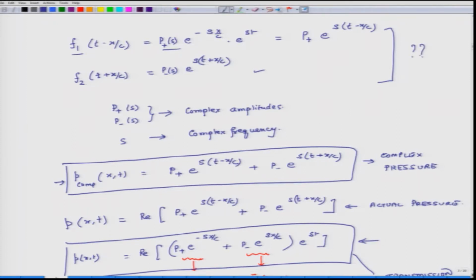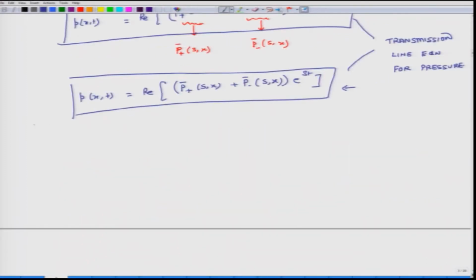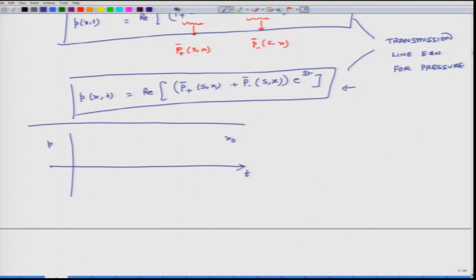The answer to that is, it is important that you all understand, that in reality the wave, if I plot pressure as a function of time at a location x naught, then the pressure may be doing something arbitrary. Okay? It may be doing something arbitrary.